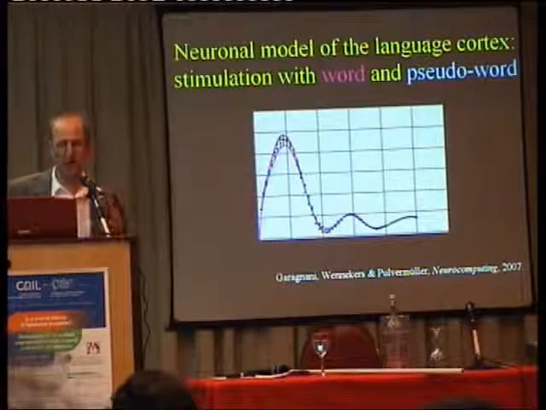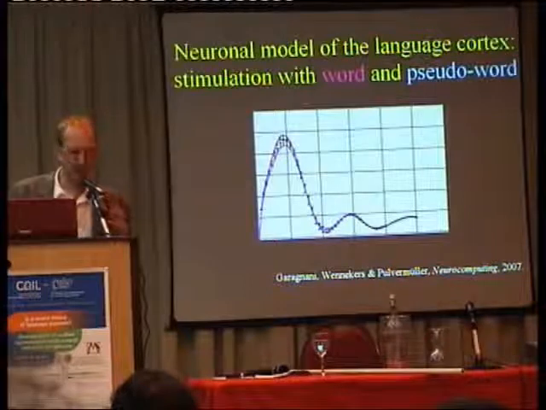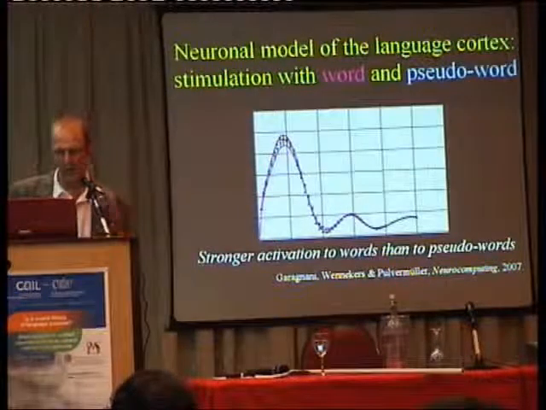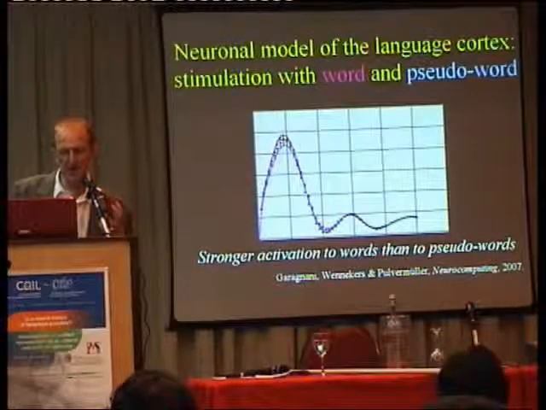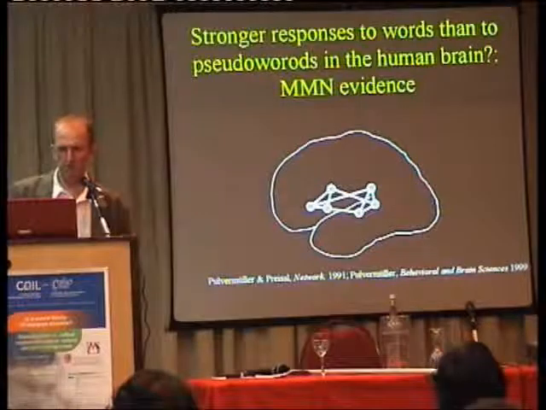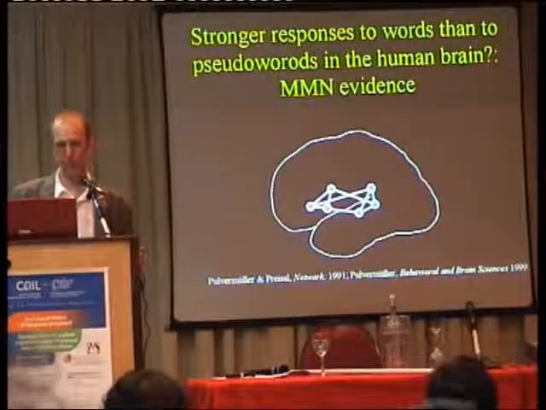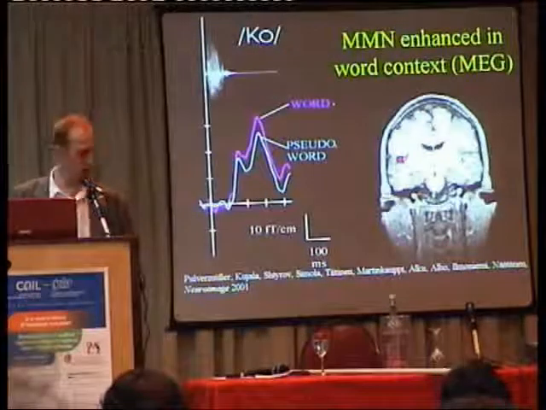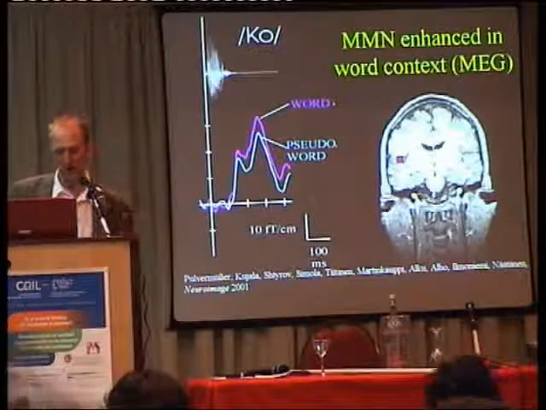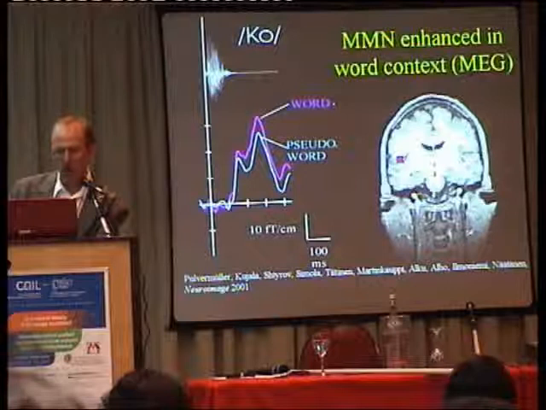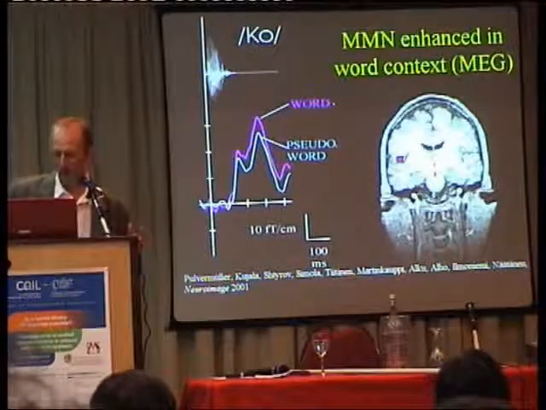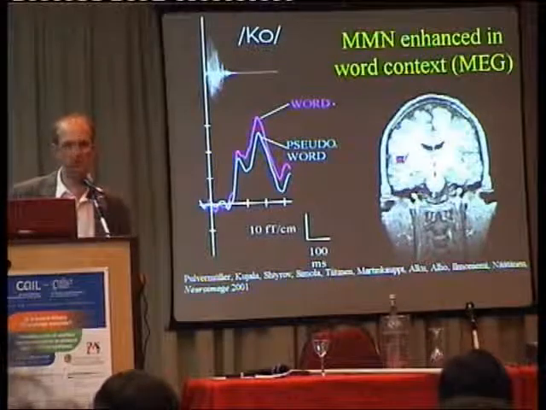This prediction can now be tested in a neurophysiological experiment, and we ask whether there's indeed stronger activations for words than pseudo words. And we did that using a brain response called the mismatch negativity. And to make a long story short, we found consistently in a long series of experiments stronger activation in mismatch negativity experiments to words compared with matched meaningless pseudo words.